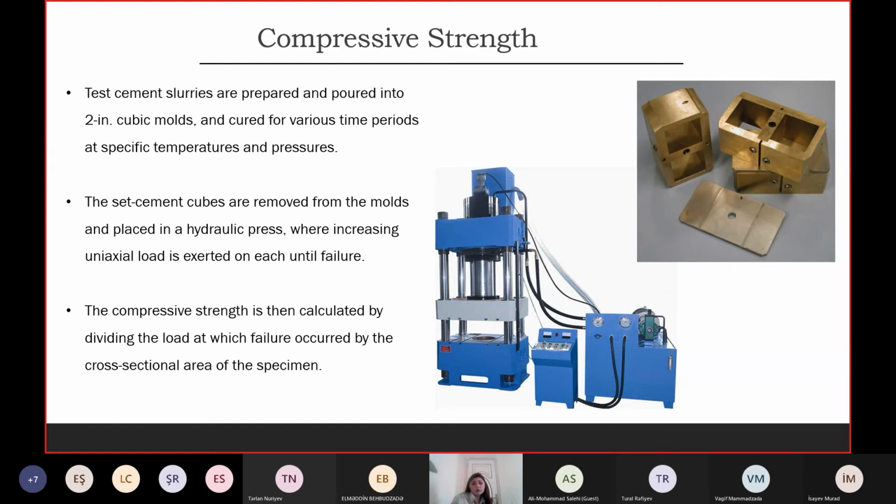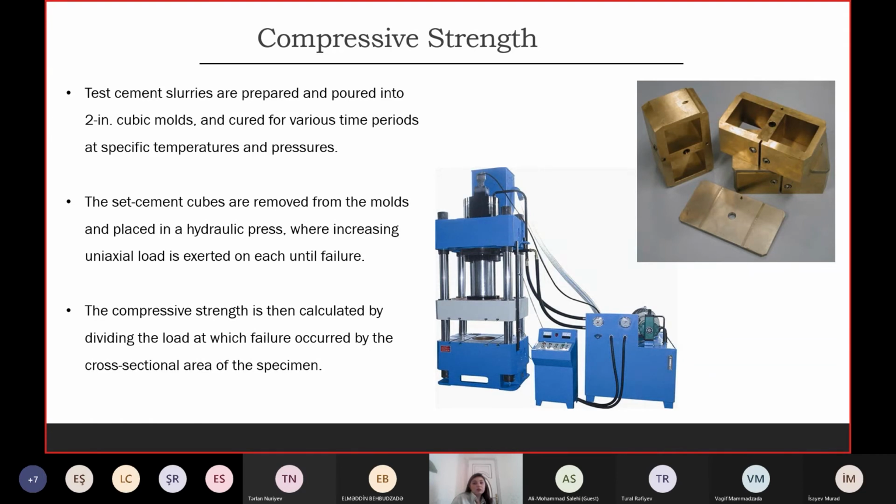You add slurry inside these cubes, and the slurry takes the shape of the cubes. At a specific temperature and pressure, we keep it inside the consistometer, and it is hardening. It's going to be solid and very strong. When the conditioning and setting process is done, we get this set cement, these cubes.